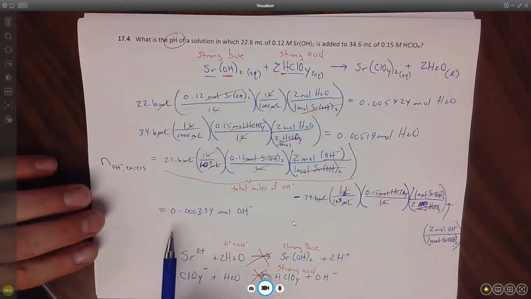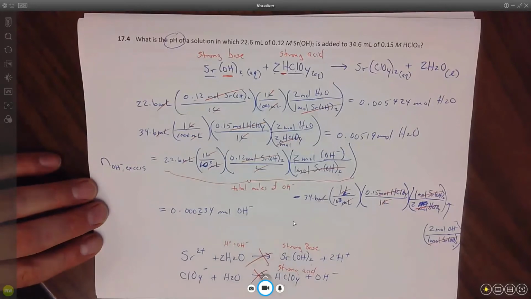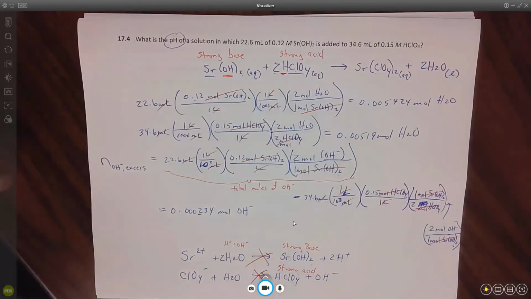Okay, so now there's my excess. Now I wanted the pH of the solution. What do I do now? You would divide by the volume, convert the milliliters to liters, and then get the molarity.